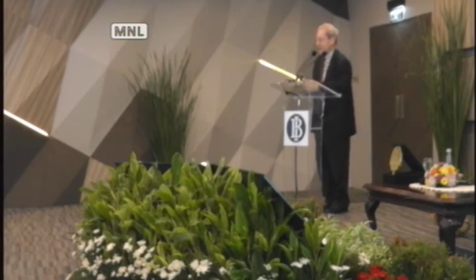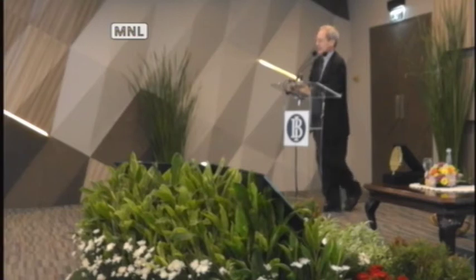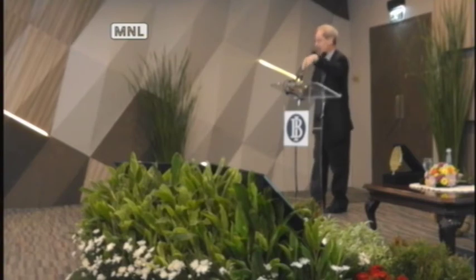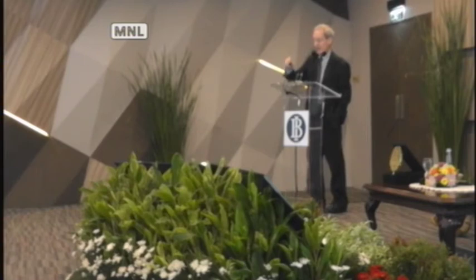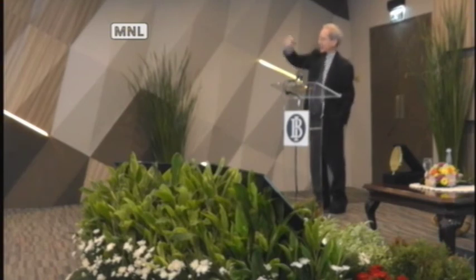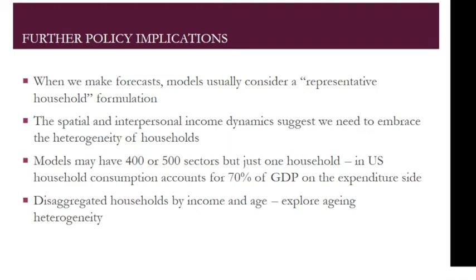And this is something that we really need to understand very effectively and focus a lot more carefully on the spatial structure of interdependence, and in particular on income inequality of the kind of detailed disaggregation I have. And so one of the things we've done in Chicago is moved away from what we call a representative household, putting all households into one set. We disaggregated by income.